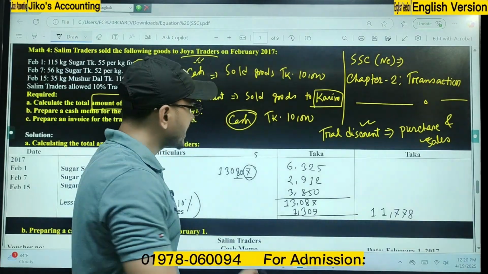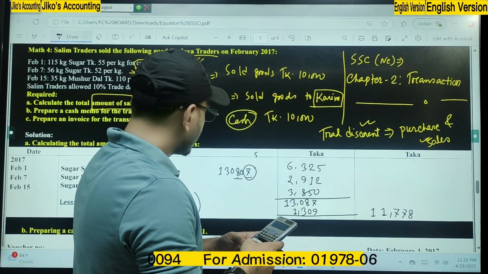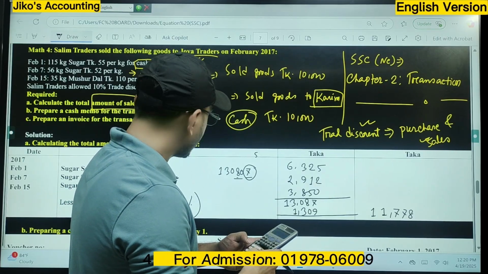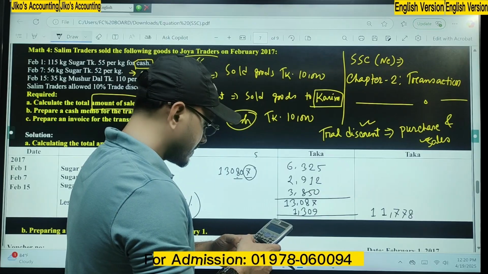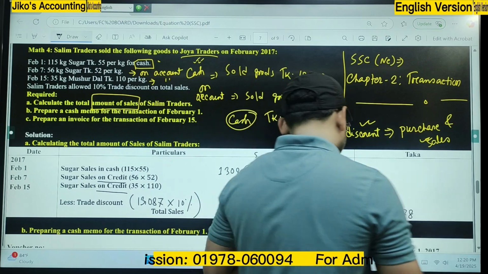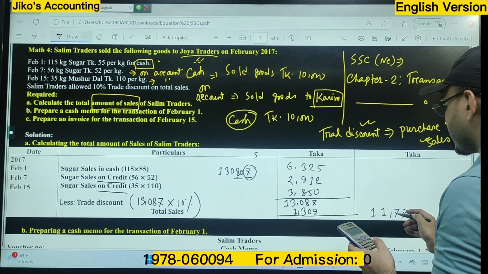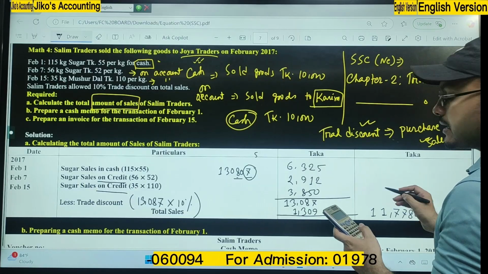But if you have any problem, you can directly deduct it. At the time you will get, what is the amount here? 13,087 minus 1,308.7. Now you can see here, whenever I have made it a round figure, at the time I am getting here 11,778. It's an answer. It's also the right answer.